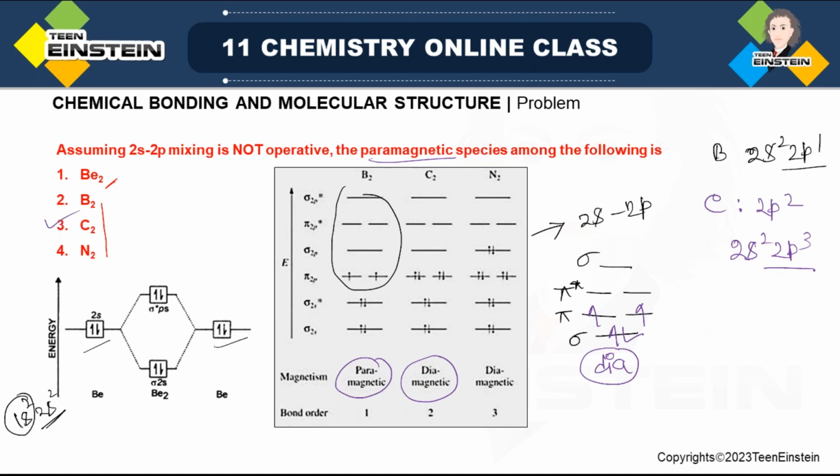So 2p3 means 3 plus 3, total 6 electrons. The 6 electrons we have already placed here, 1 2 3 4. So 2 more electrons should be like this. So this is still dia. For N2, whether you consider 2s2p mixing or not, it is still dia. But for B2 it is reversed, and for C2 also it is reversed. Previously B2 was para, now it is dia. Previously C2 was dia, now it is para. So that is why option 3 should be the correct option.